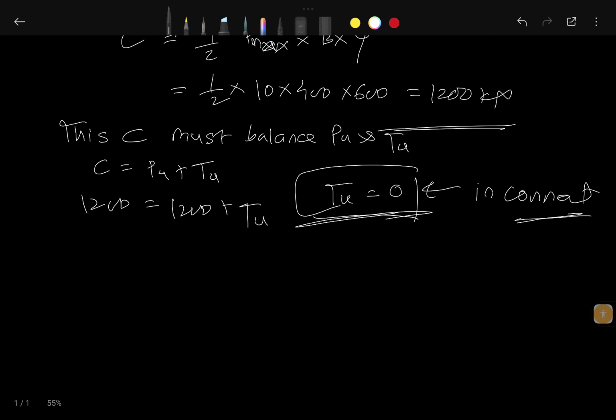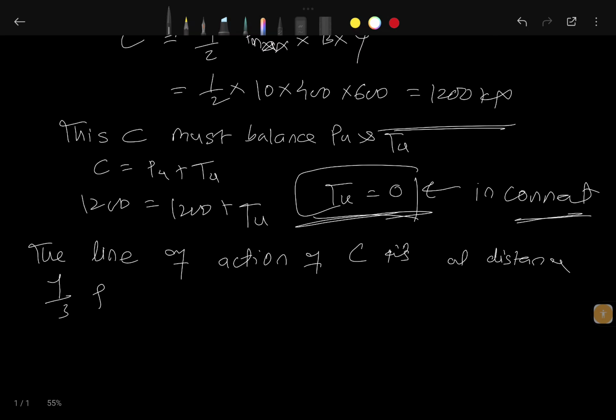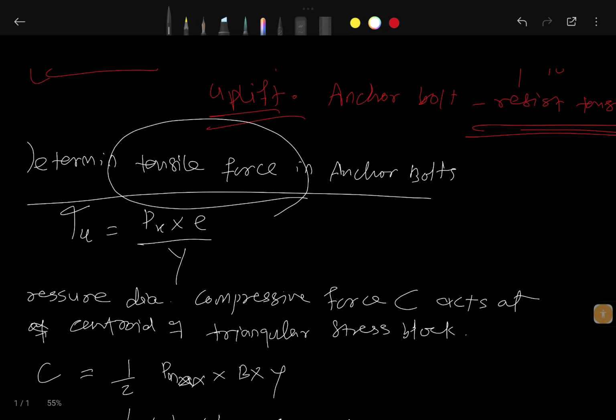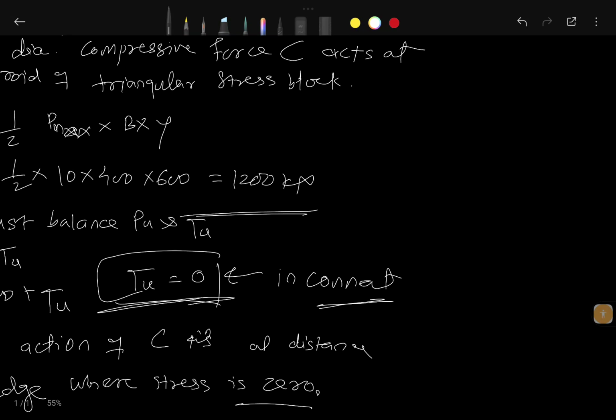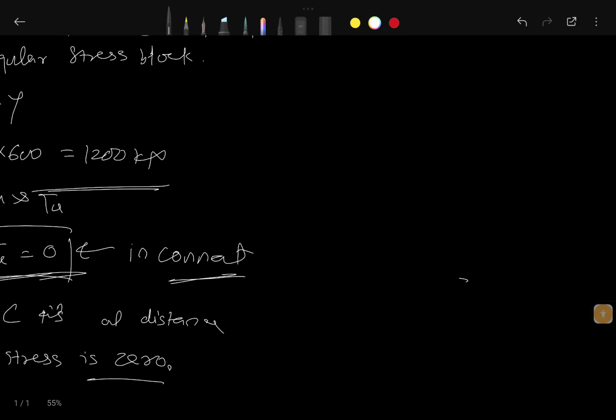The line of action of C is at a distance y by 3 from the edge where stress is 0.